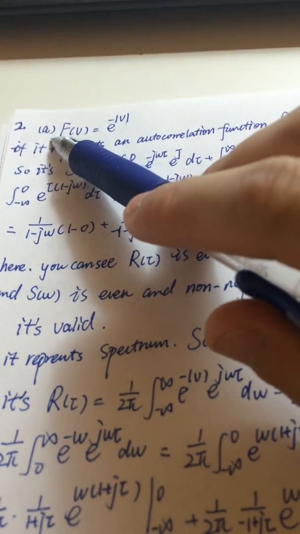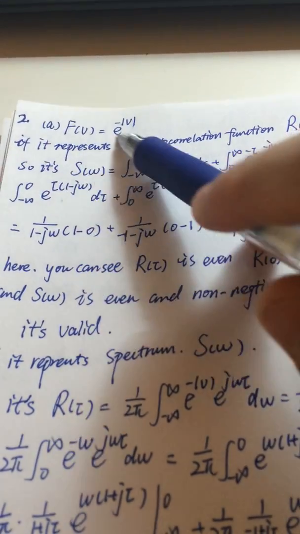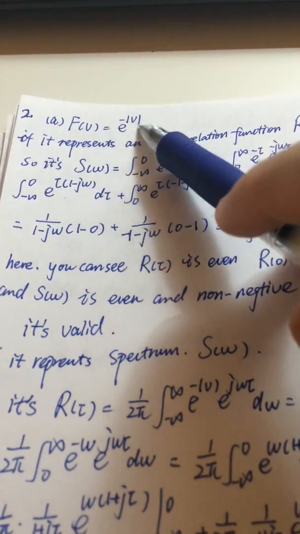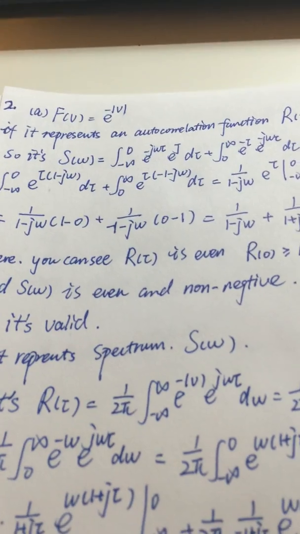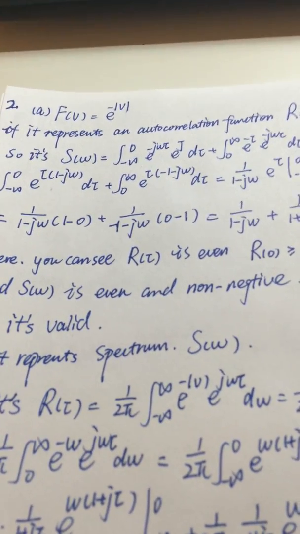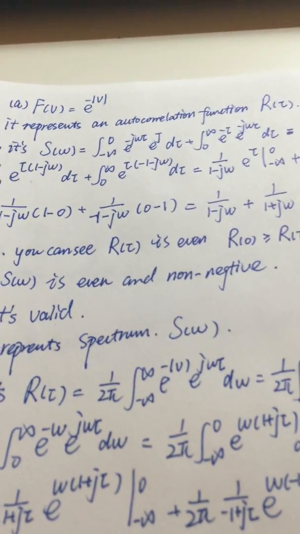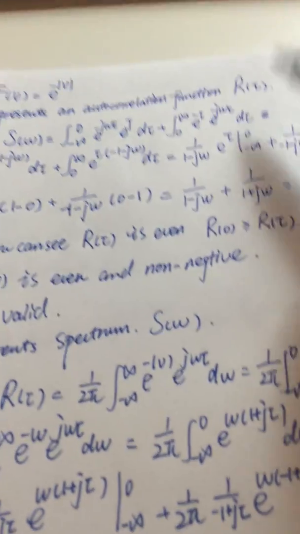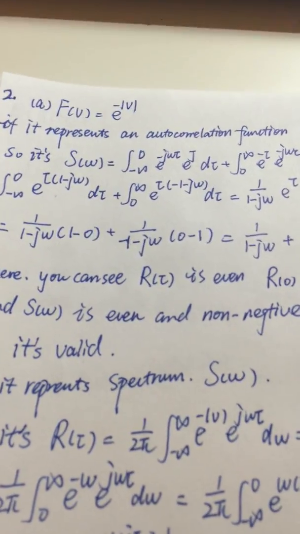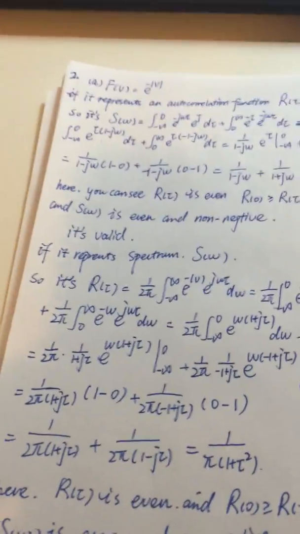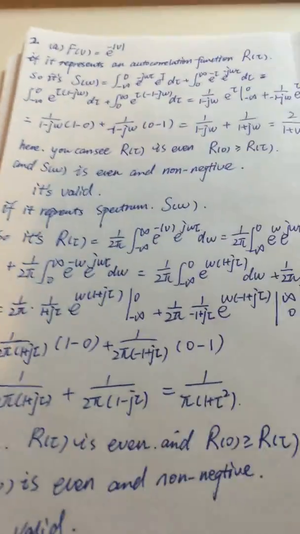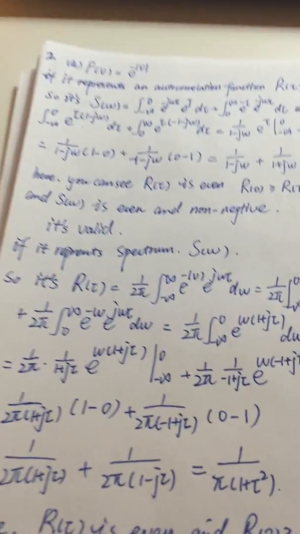First of all, we see when f equals this, and we assume that it is the autocorrelation function R(tau). We use the Fourier transform because the relationship between the spectrum and the autocorrelation function is by Fourier transform.